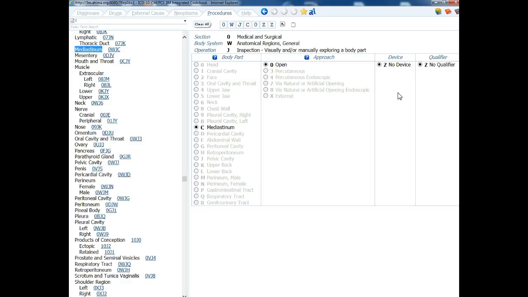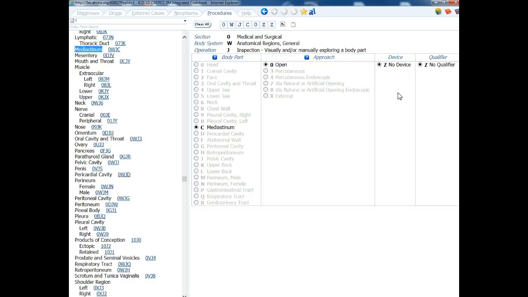So in this example, a fine needle aspiration biopsy of the lung is coded to the root operation drainage. And why is that? Because they are using a needle to aspirate fluid. That's used with root operation drainage, a qualifier diagnostic.